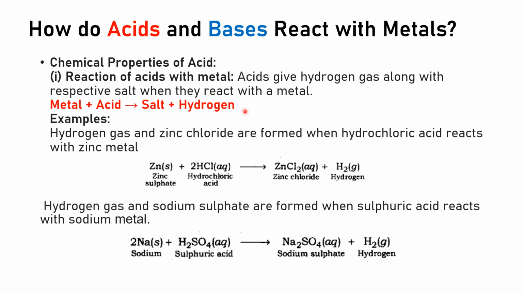This is the basic thing which you have to know. Later you can put different metals and different acids in place, and salt and hydrogen gas will be evolved, but this is the basic thing you should know. So when metal reacts with acid, salt is formed and hydrogen gas is evolved.